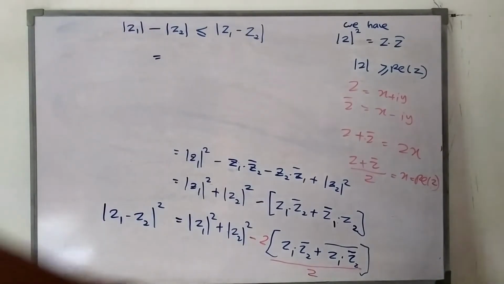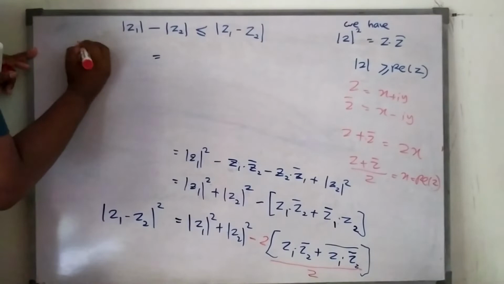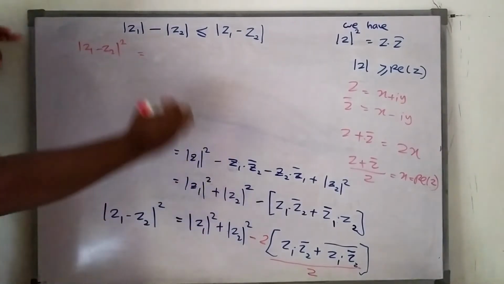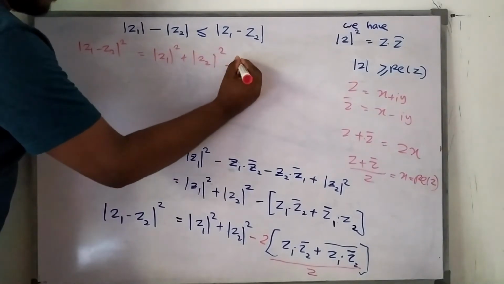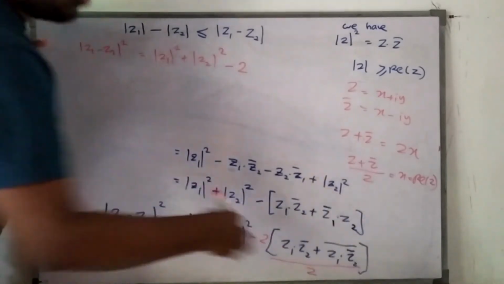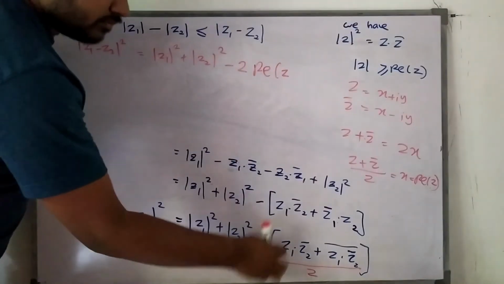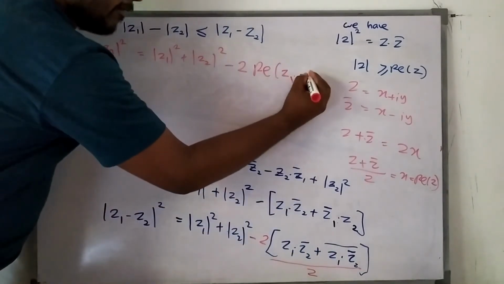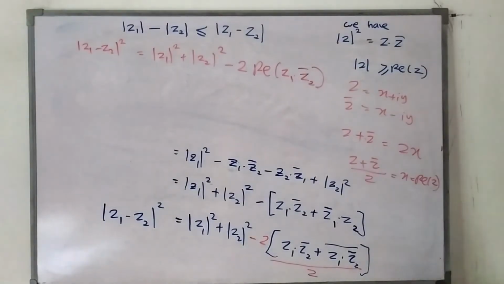So what is this? This is actually |z1 - z2| square, which is |z1| square plus |z2| square minus 2 times the real part of z1 z2 bar. So it can be written in that way.